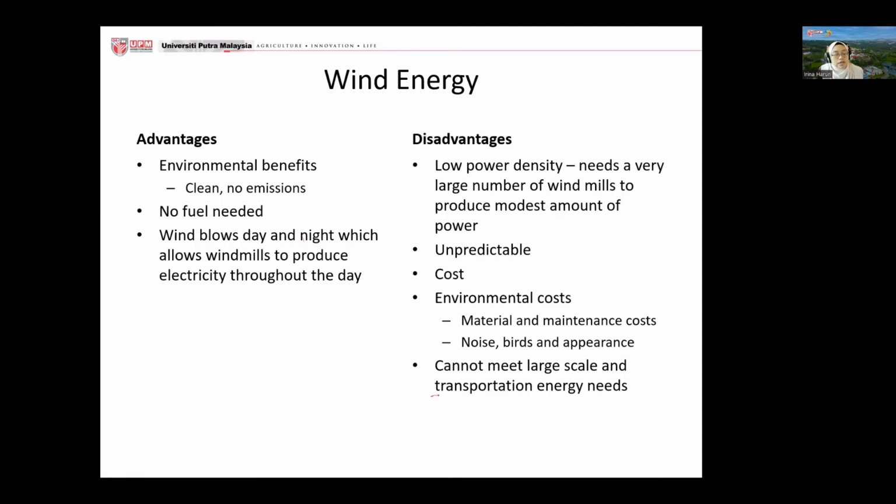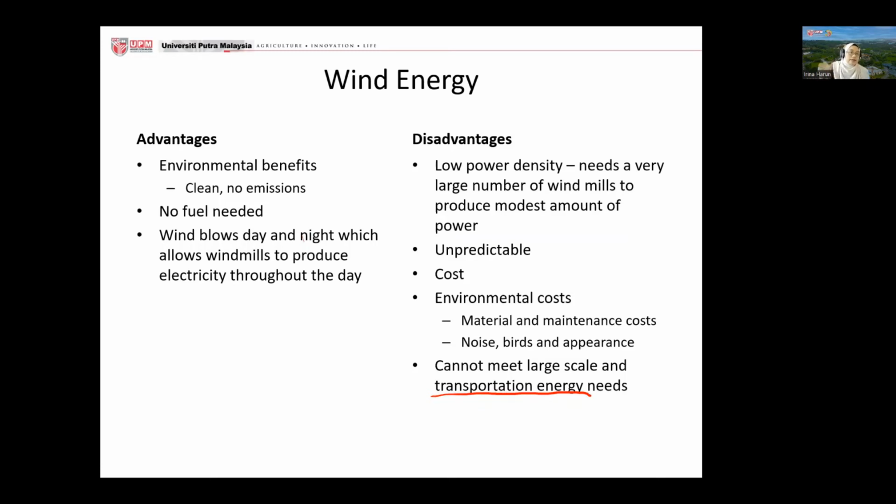Transportation, because we are still in the age of internal combustion engine cars. Not everyone has electric cars. So we are still dependent on some type of fuel to move the car.